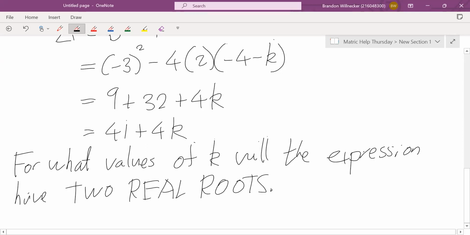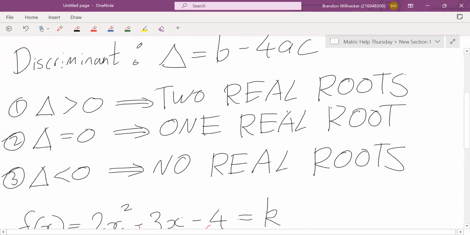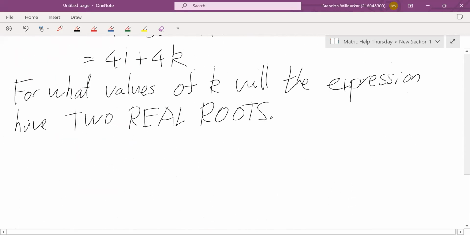Okay, so what is the condition for 2 real roots? Let's go back here. 2 real roots, that happens when the discriminant is greater than 0. Okay, so we want the discriminant to be greater than 0.